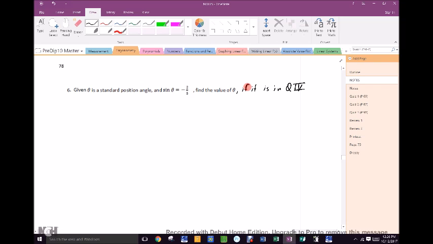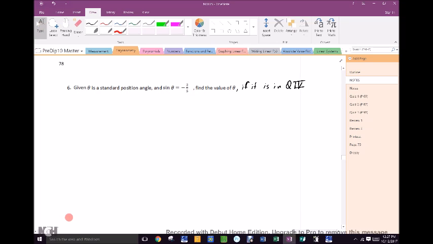Oh, that changed. I'm finishing that sentence. I've decided I would like to finish that sentence. Meanwhile, I'm going to write another question down here. You still find the value of theta, but you are assuming it is in quadrant 4.